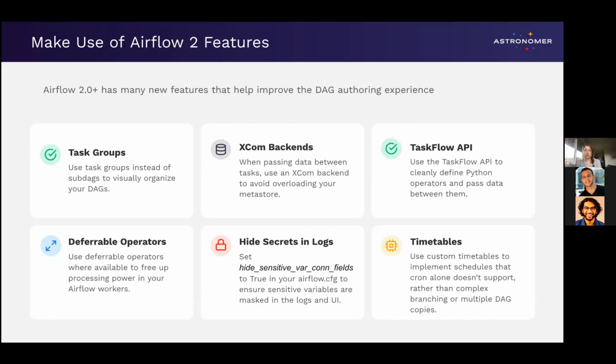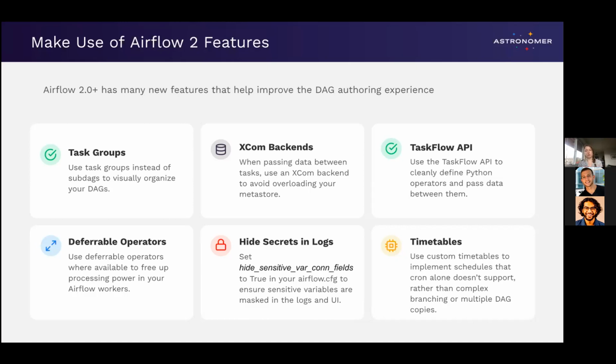A couple of Airflow 2.2 features that I want to call out that go into best practices. One is deferrable operators. These are specially designed operators that do not take up a worker slot during their execution time. Say you are offloading tasks to another processing framework. That's really great, and again that's best practice, but if that processing takes a long time, you have an Airflow worker just sitting there that the task is taking up.